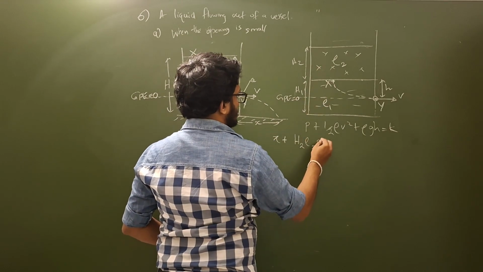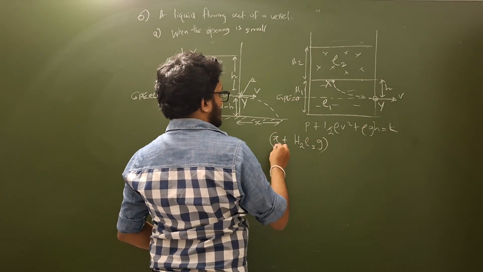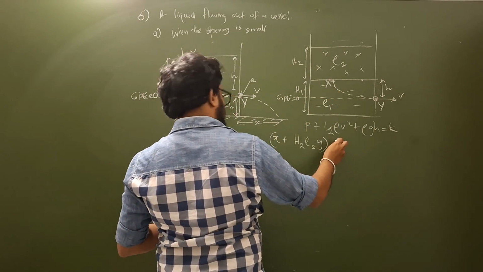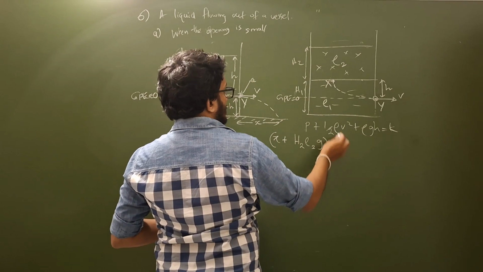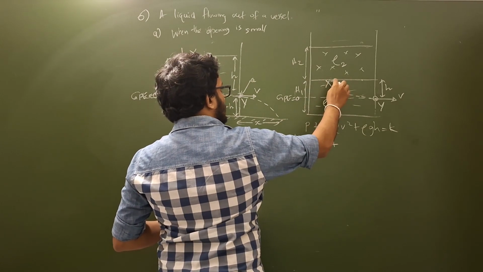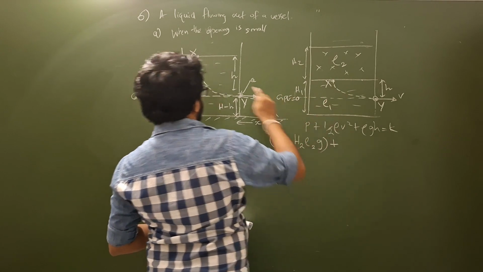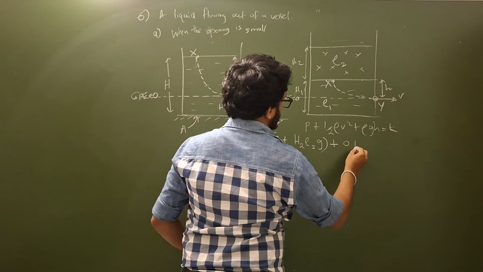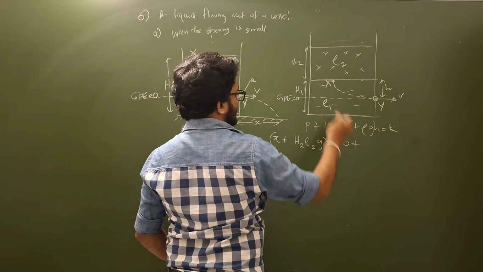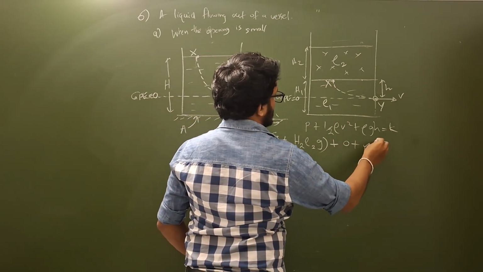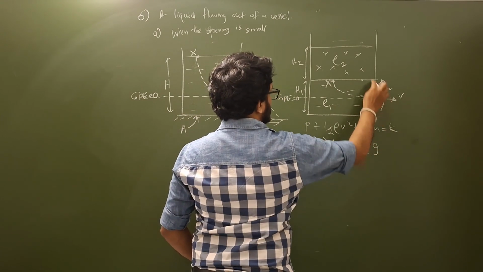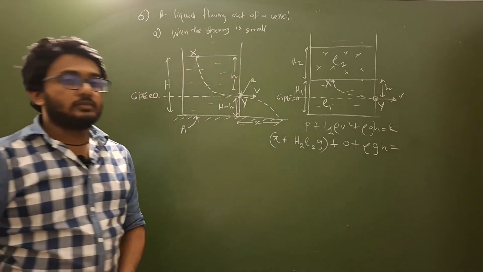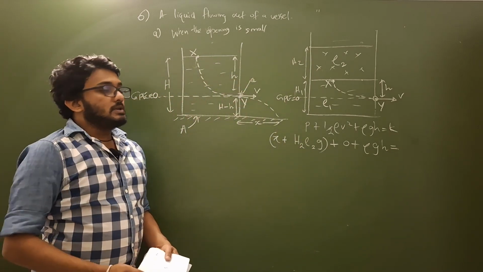This is the pressure at x. The velocity at this place is negligible, so the half rho v squared term is 0, but there is a rho gh term, where h is simple h, the height from the gravitational potential energy zero level.